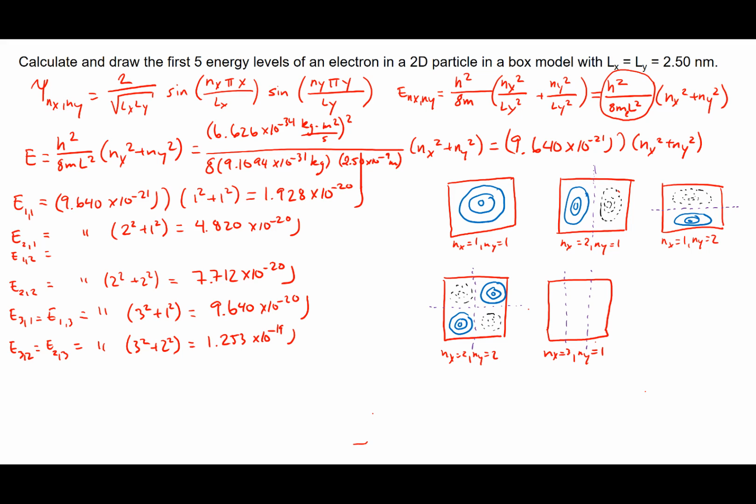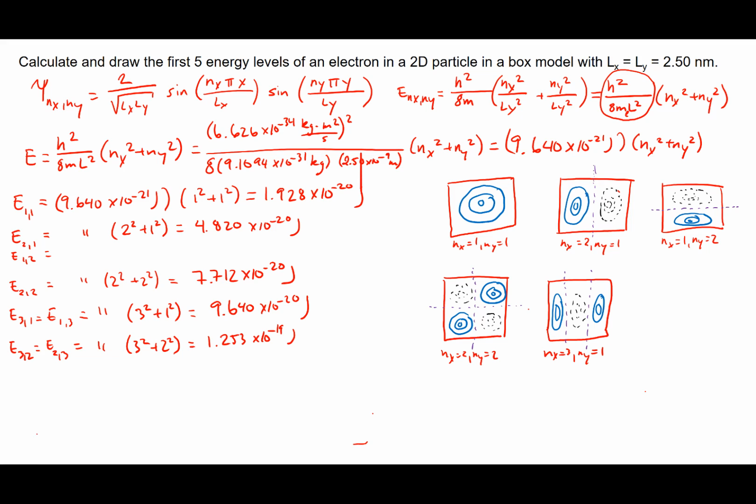And then along the y direction, because ny is equal to 1, you're not going to have any nodes. And so we can just simply draw this now. So we have one thing here, and then another one's going to go upwards right here, and then this is just simply going to look like that right there. So you have essentially a valley side by side by 2 hills in that case.